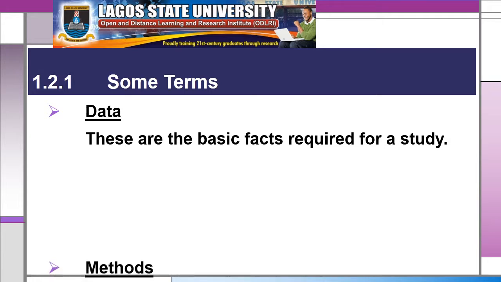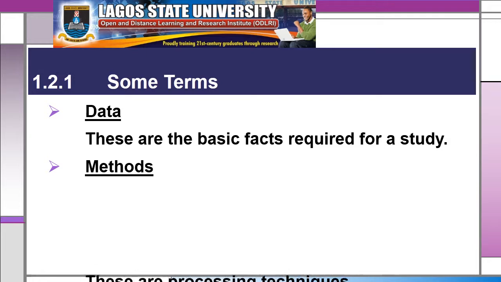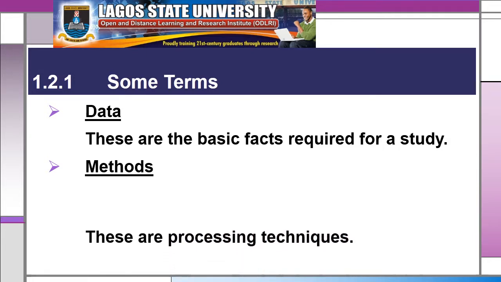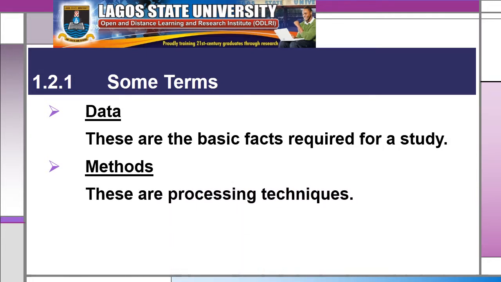Then the other one is method in that definition. By method, we refer to the processing techniques or the transformation techniques of statistics. Recall that we said that statistics transforms data to information.